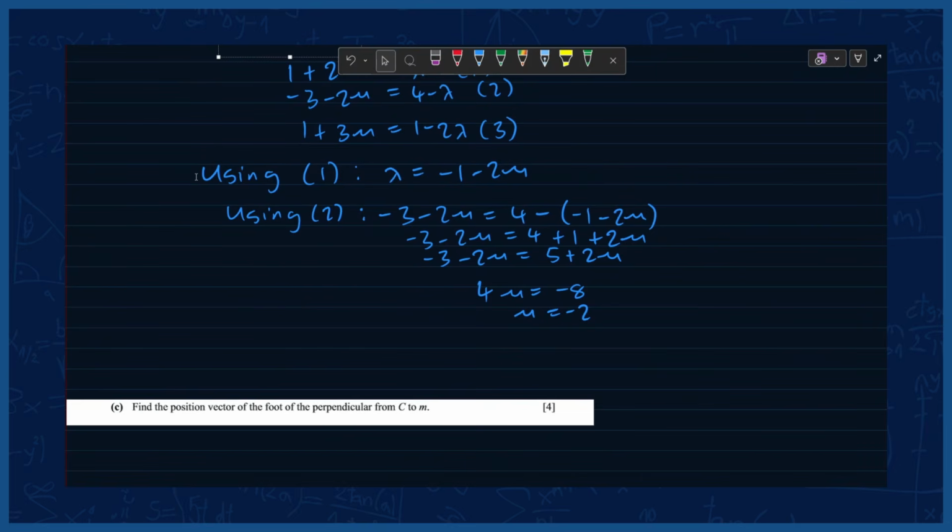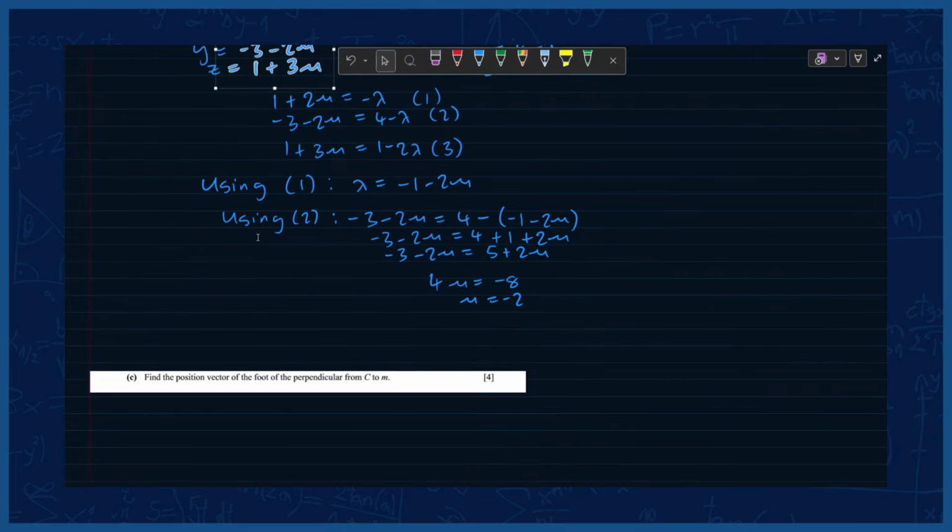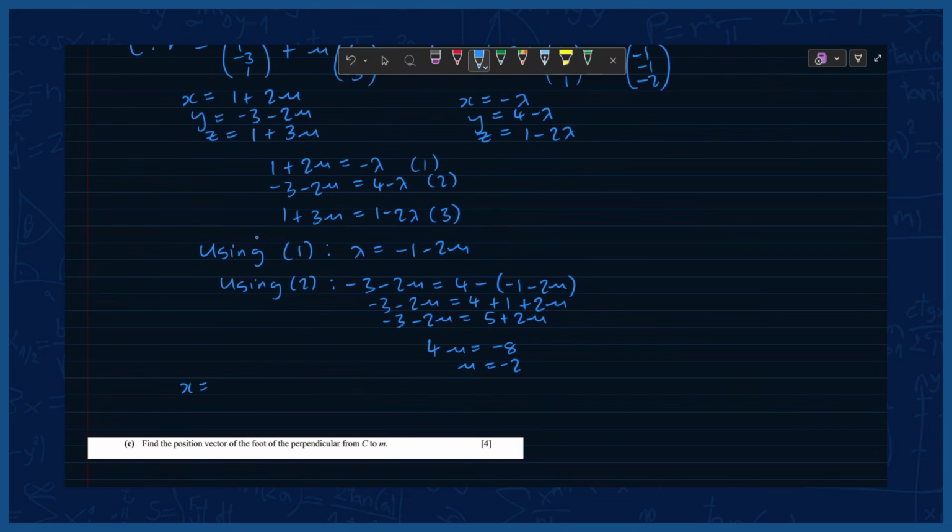So x is going to be 1 plus 2 times mu, so that's 1 minus 4, which is -3. Then my y is going to be -3 minus 2 times -2, which is 4 minus 3, so that's 1.